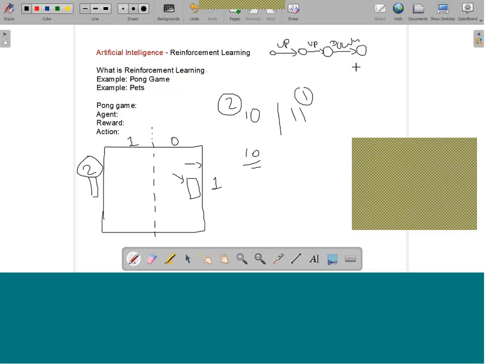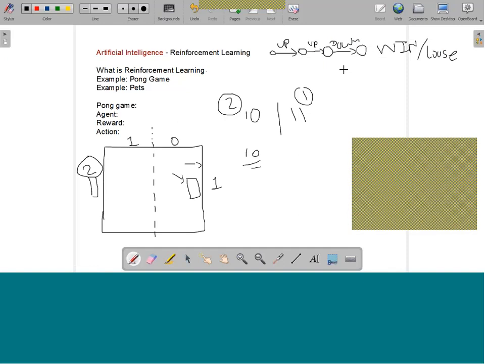Likewise, we take the actions sequentially. After these four states, maybe you will win, or after this state, maybe you will lose. So it is dependent on the score or reward. Any question regarding reward, episode, agent, action, then tell me.